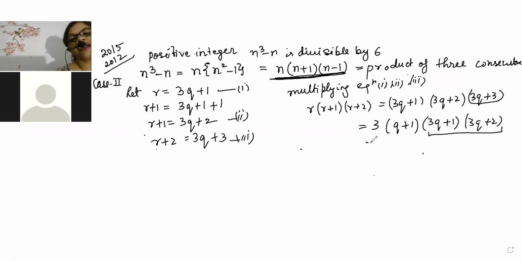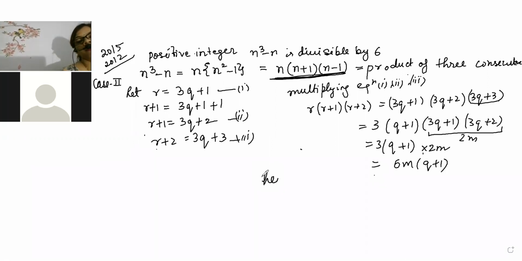We have assumed it equal to 2m, because the product of two consecutive integers will always be an even number. So again this one will become 2m. So now it is coming 6m times q plus 1. Here 6m(q plus 1) is divisible by 6.